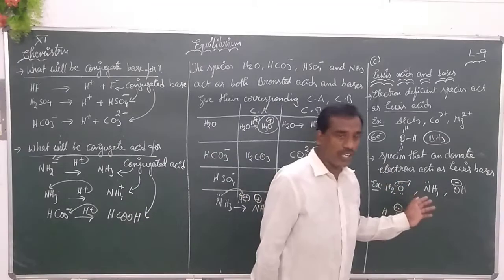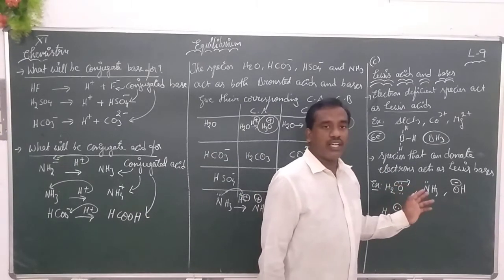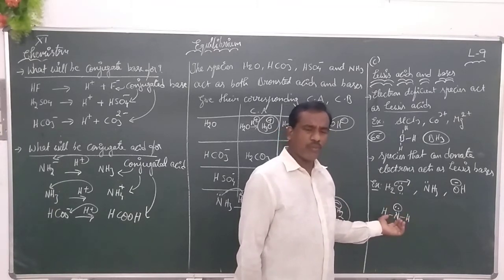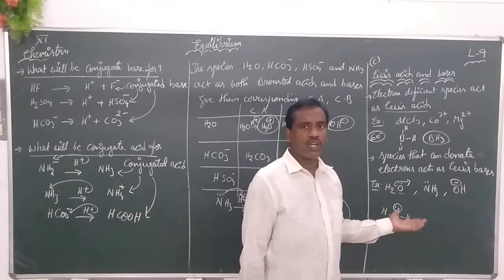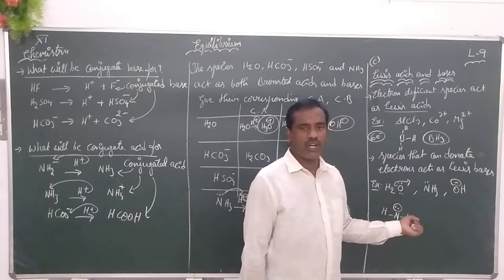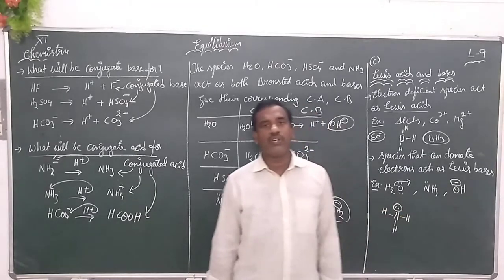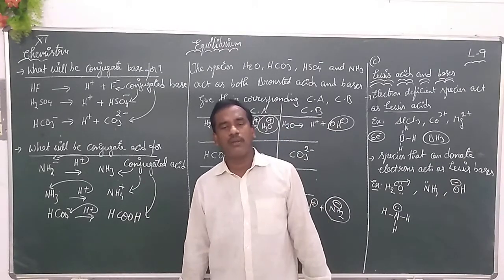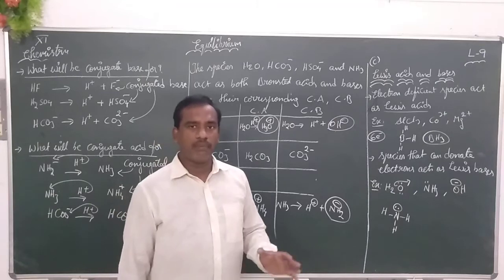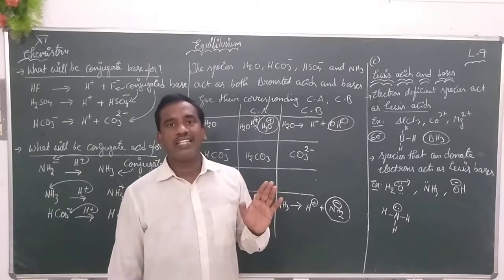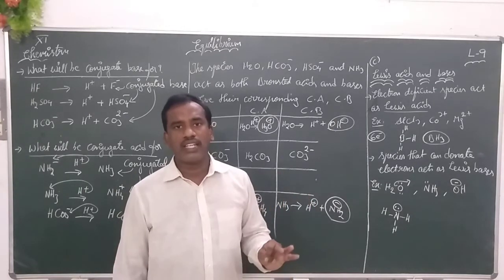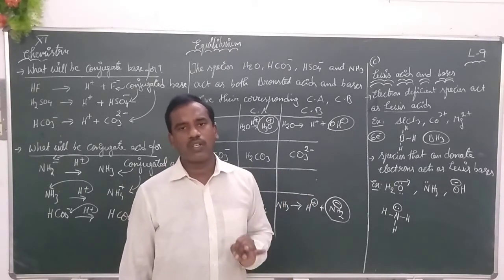Species that can donate electrons act as Lewis bases. That may be a neutral molecule like NH3 or water, or a negatively charged species like the OH minus ion. So these species which can donate an electron pair are called Lewis bases. Up to now we covered what is meant by acid and base in the Arrhenius concept, the Bronsted concept, and the Lewis concept.